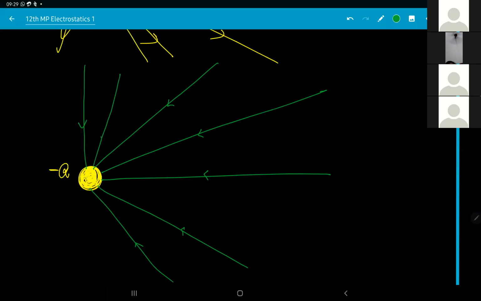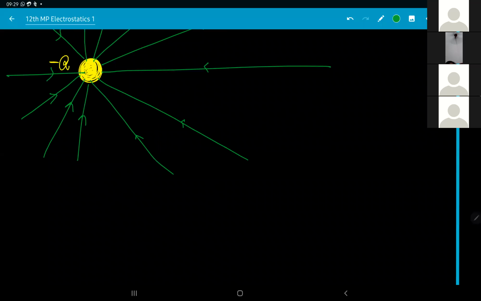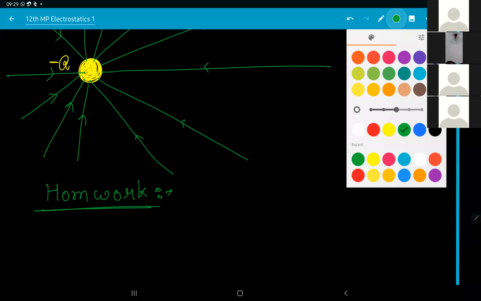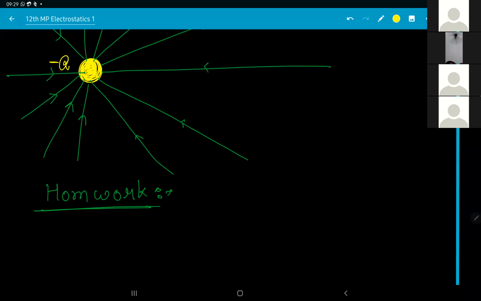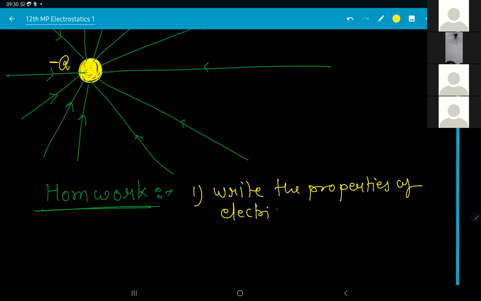Okay, so I'm giving you a homework. Your homework is: first, write the properties of electric field lines.